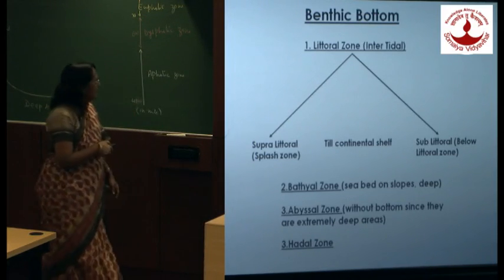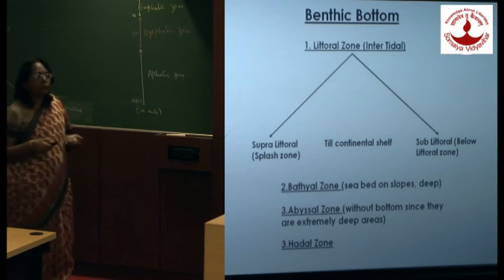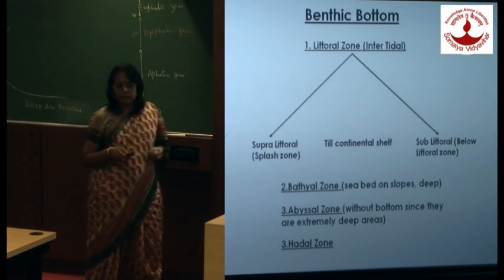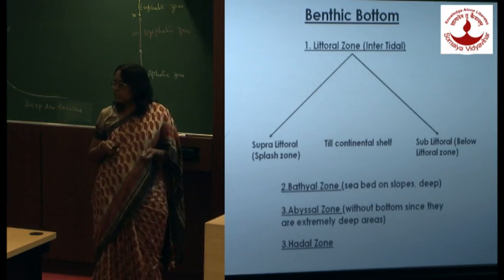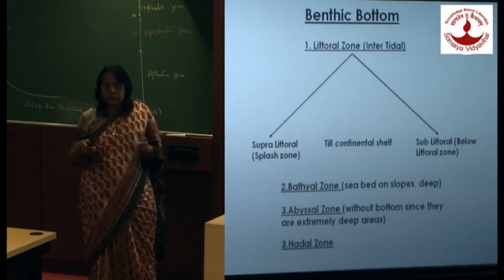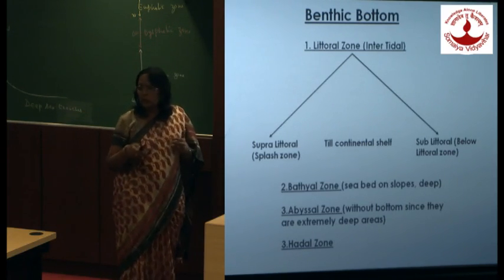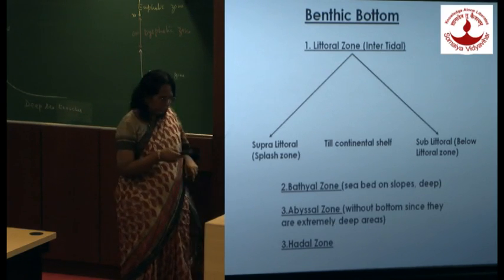The hadal zone is the last zone, and in here we'll find a lot of deep sea trenches. There could be volcanoes, there could be mounds, and the environment of the ocean is not constant. There is a lot going on in the ocean.